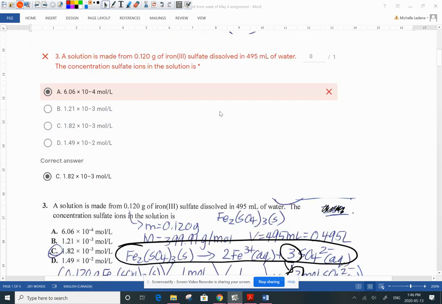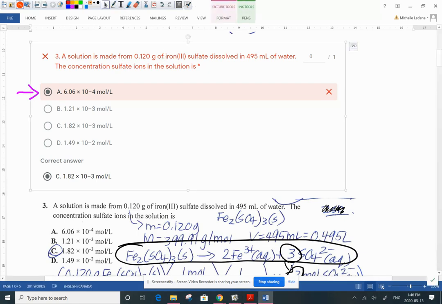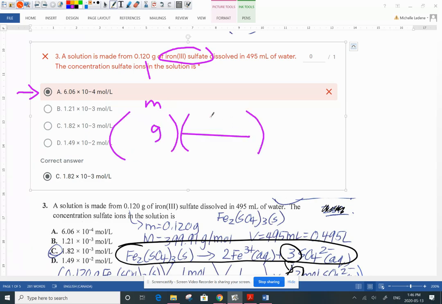Now, I know exactly where the student went wrong on this question. I had almost as many students select this incorrect answer as the actual correct answer, which was C. And the error was in this, is that students looked at this and they said, oh, I've got iron 3 sulfate, and I've got this mass, so I'm going to take my mass, and that's grams, and then I'm going to go, well, every 1 mole has blah, blah, blah grams when I get the molar mass, and then I'm going to divide by the number of liters, and that's going to give me my answer.